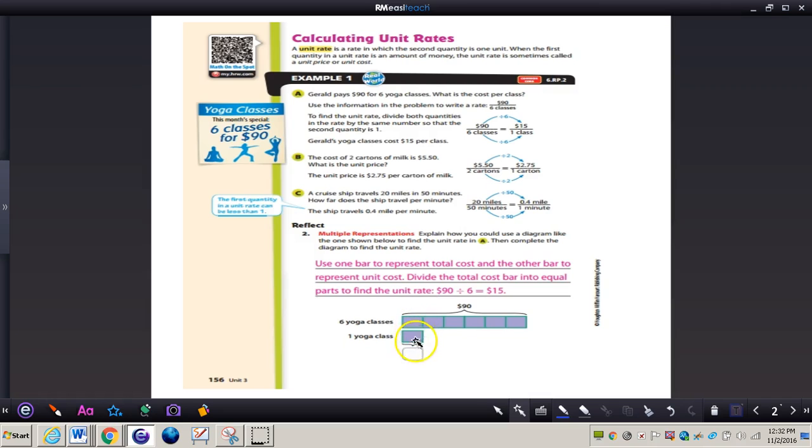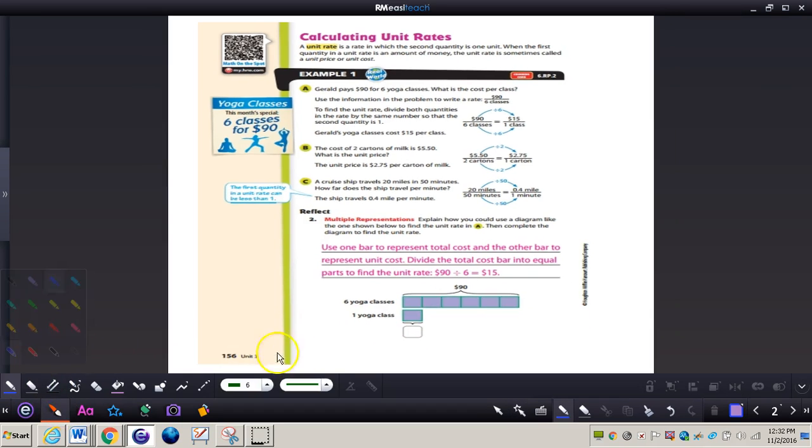So what you can see here, in other words, we can see 15, 15, 15, 15, 15, 15, all equals 90. All right, so 1 yoga class, we can see, is $15. So that would be a way that you could do this if you want to use something visual to figure that out.